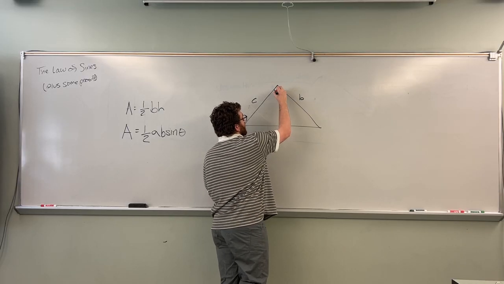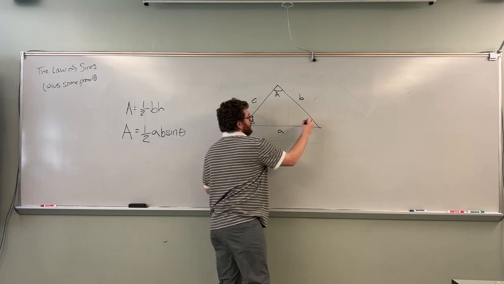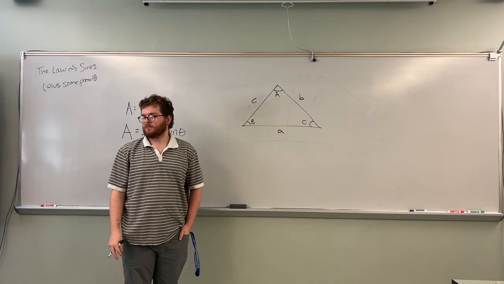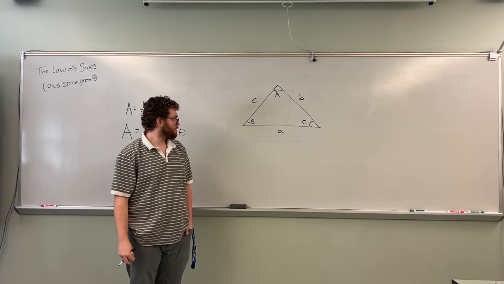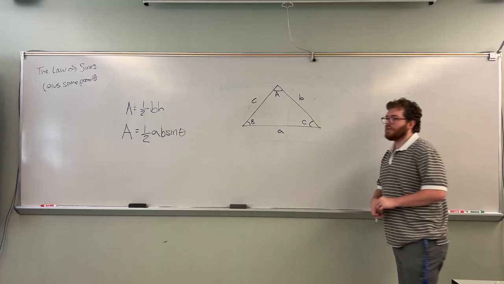So I'll label this with capital A. I'll label this one with capital B. I'll label this one with capital C. And I can gather some information about this just looking at the different things.